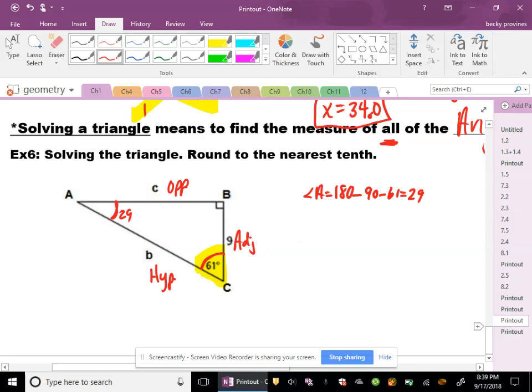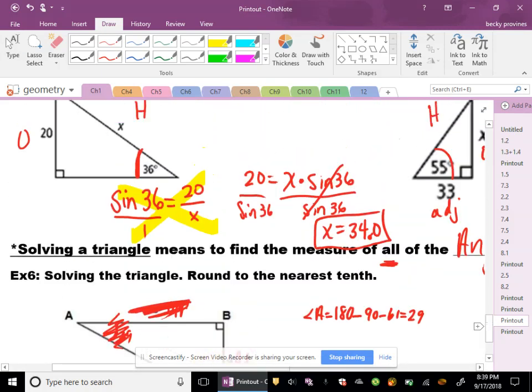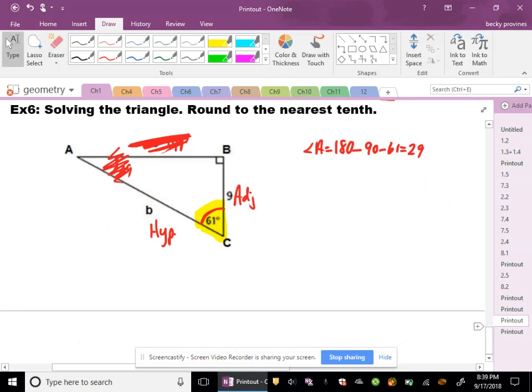So I need to find B, and I need to find C. Let's just cover up and ignore this one for a minute. If you only had this information, you know how to do it because we practiced it on the previous two or three.